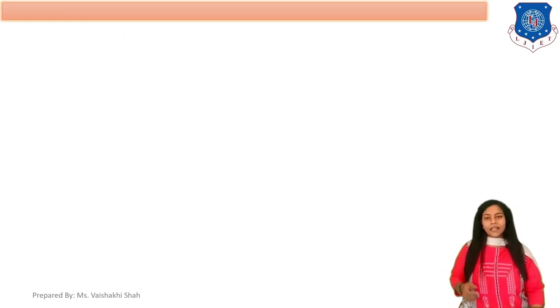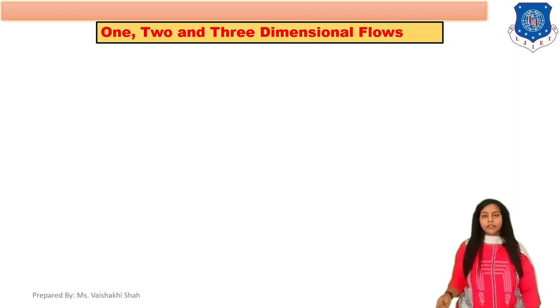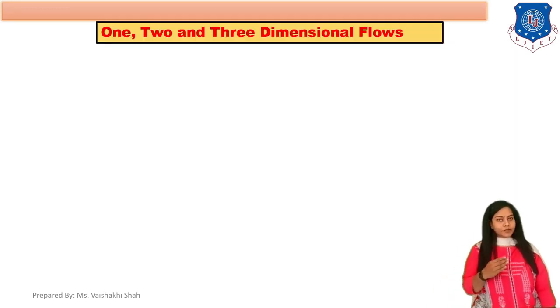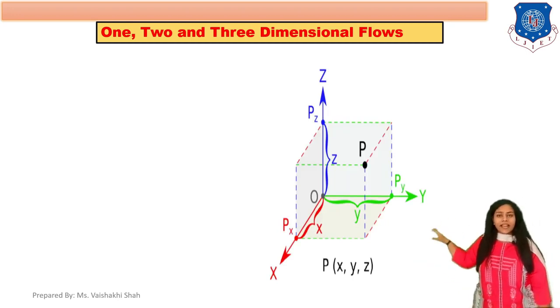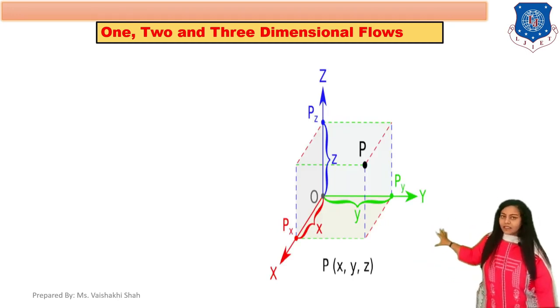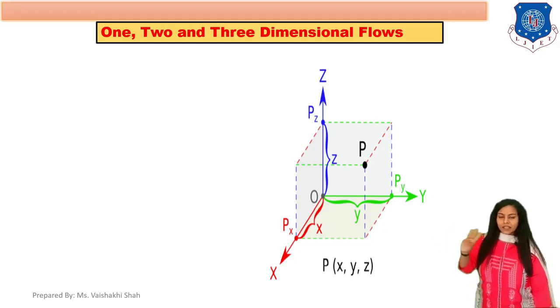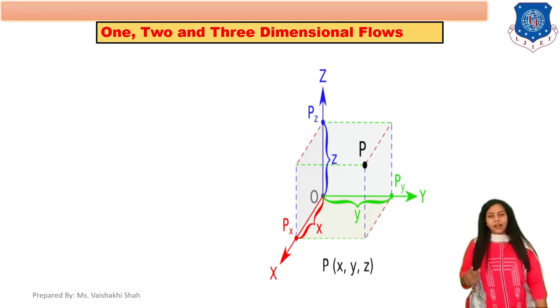Now our last type of flow, which is 1, 2 and 3 dimensional flow. First you need to understand this diagram. There is a cube placed in all three directions, x, y and z.